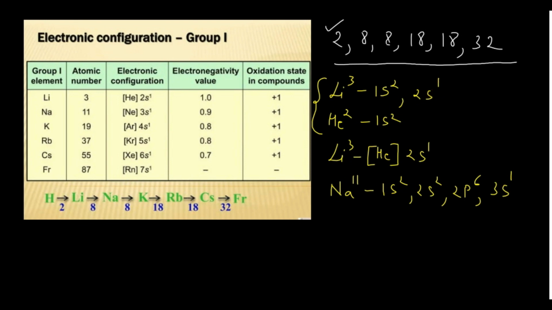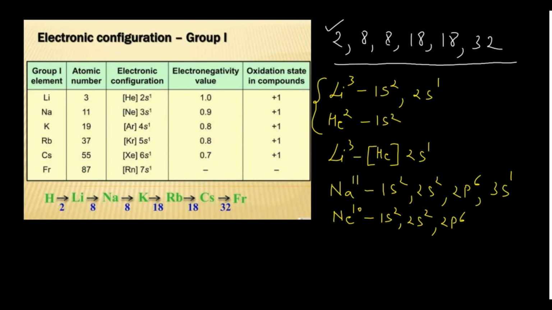Okay, and now if you check the electronic configuration of neon, which is 10, it is 1s2, 2s2, 2p6, and here you can write 3s1, just like that. Oh sorry, no, 3s is not there, only 10 electrons are there.